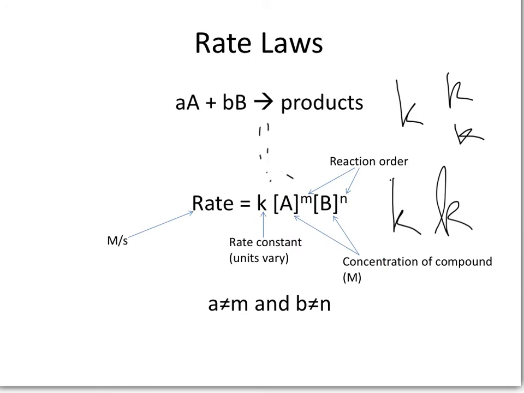And so if we have A with a 2 there, this means that the concentration of A, this reactant, is going to affect the rate by twice as much, or by another magnitude or another order.